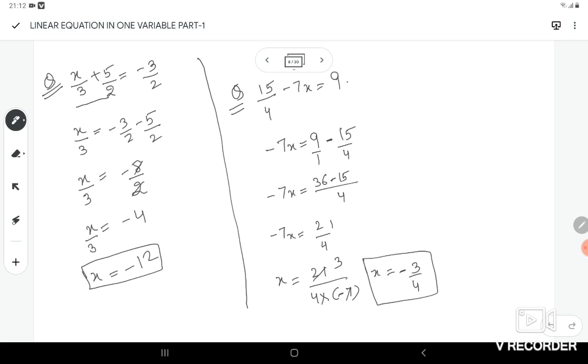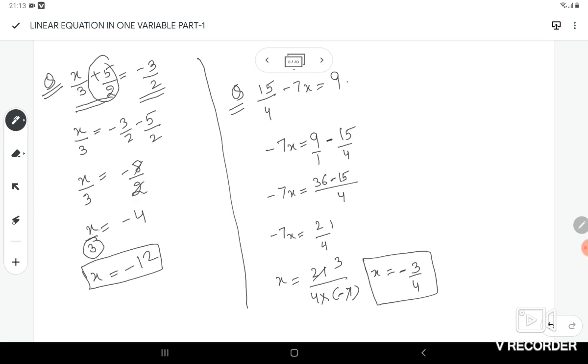Now the sum says x by 3 plus 5 by 2 equal to minus 3 by 2. So here also we are going to move plus 5 by 2 to the right hand side. So plus 5 by 2 becomes minus 5 by 2. And x by 3 becomes equal to minus 8 by 2, that is equal to minus 4.